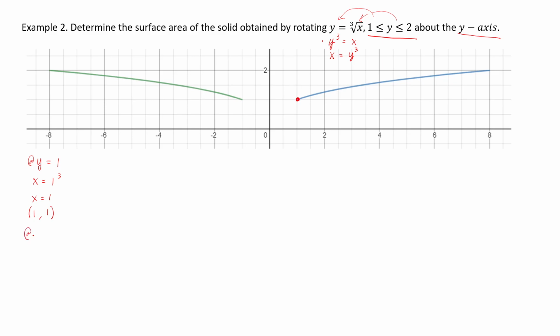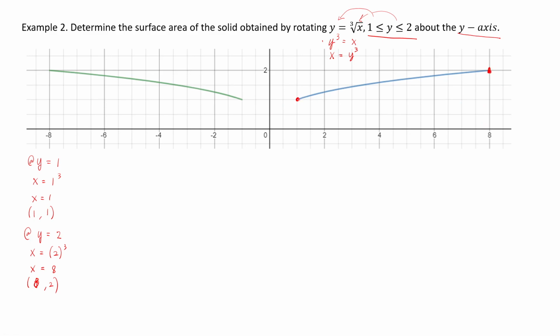And then the next one is at y is equal to 2. Then you're going to have x equals 2 cube. Then the value of x would be 8. So it's 8 and 2. So the x is at 8 units, then the y is at 2.